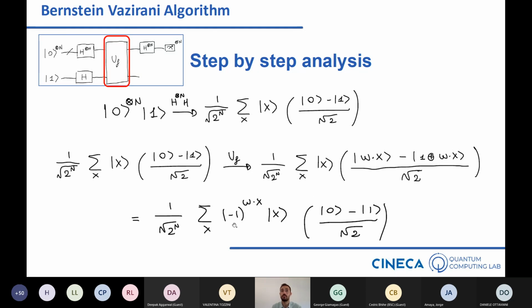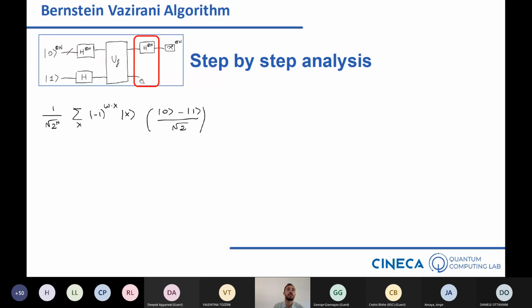So you get a minus in front. And you can write everything in this way: you multiply everything by minus 1 to the power of omega times x, which is essentially equal to this other state.